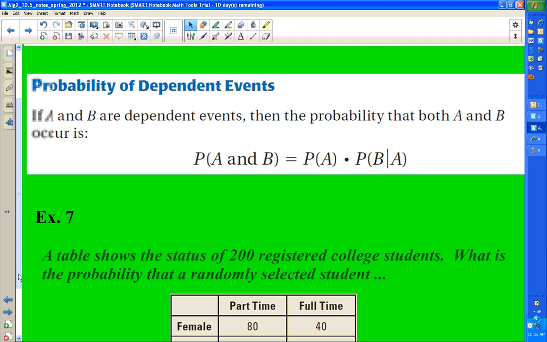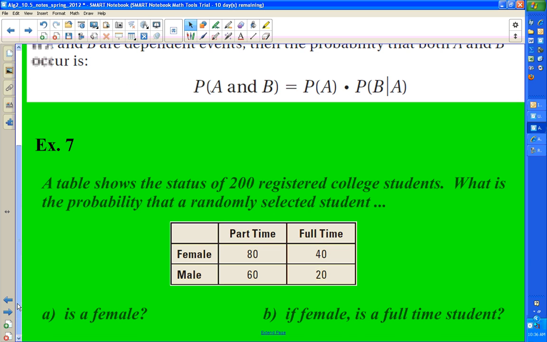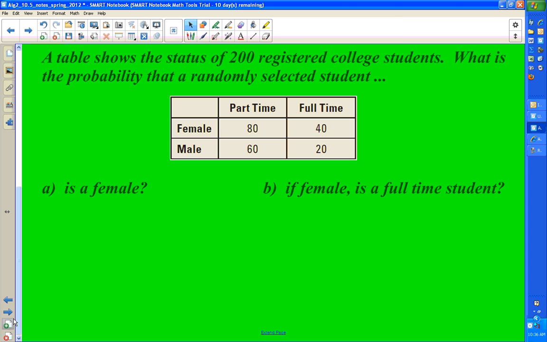So, dependent events. You have a table here talking about registered college students. What's the probability that a randomly selected student is? First, we're going to do female. What's the probability that you're going to choose a female? 120 out of 200.